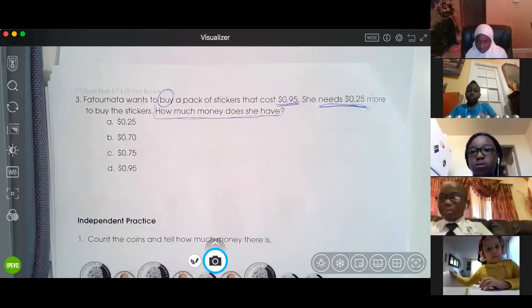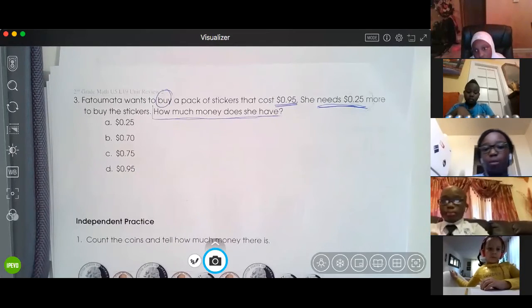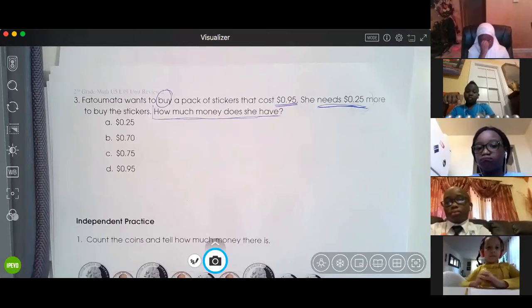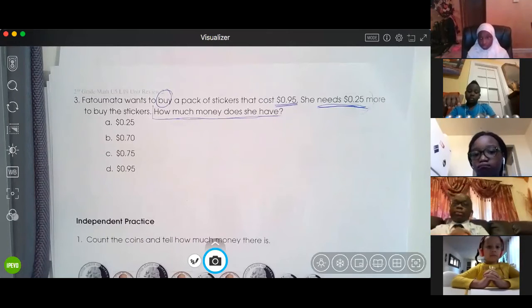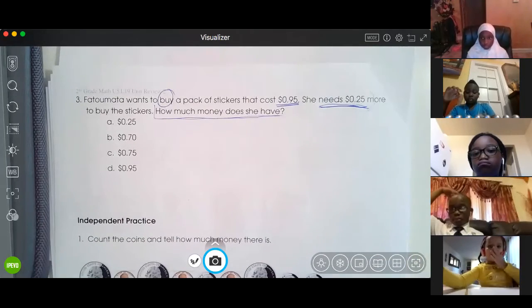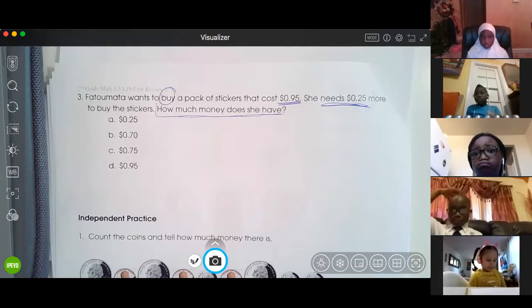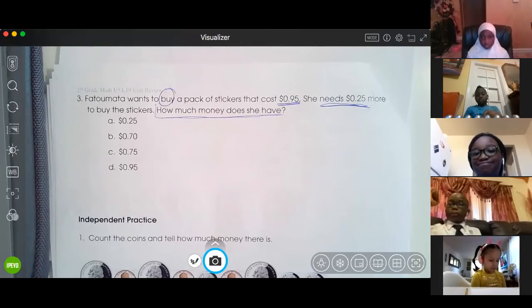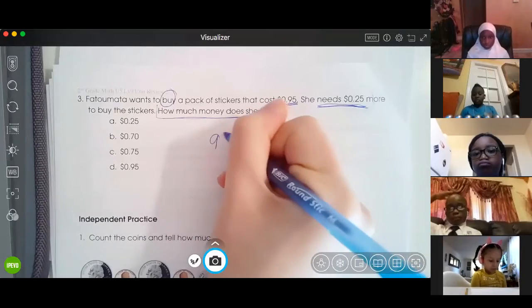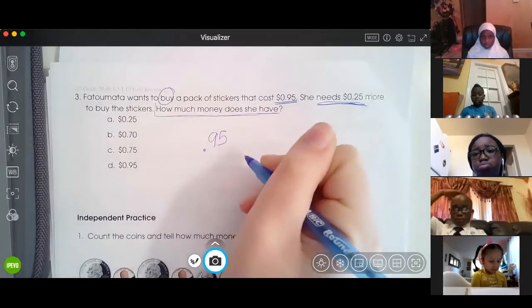What the number sentence will be for this question is 95 minus 25 equals question mark, and you would label the 95 C for cost. Great.